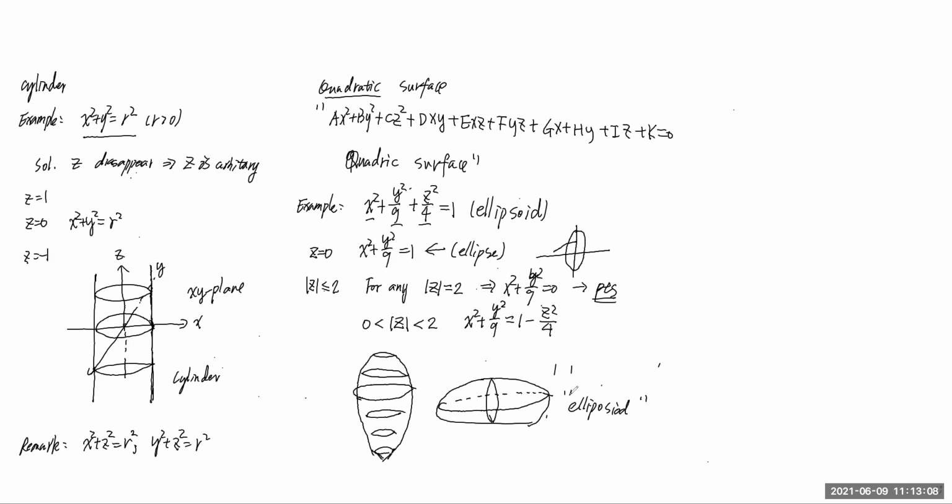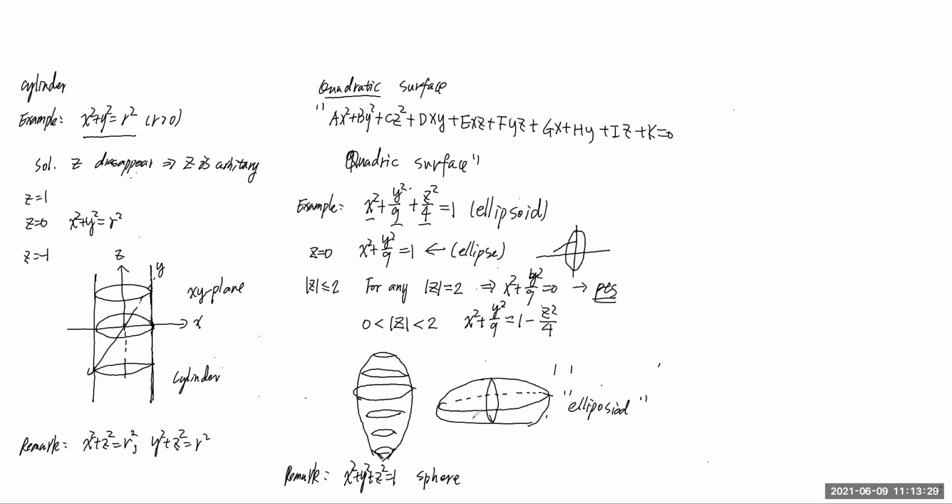So the special case remark: this kind of equation, x squared plus y squared plus z squared is 1, where the coefficients in front of x squared, y squared, z squared are the same, is a sphere.